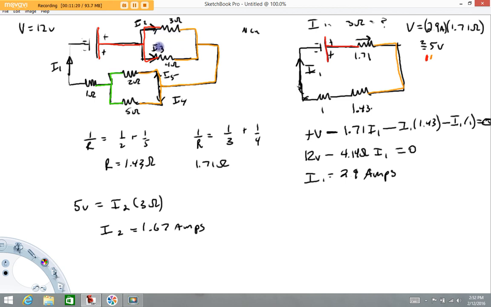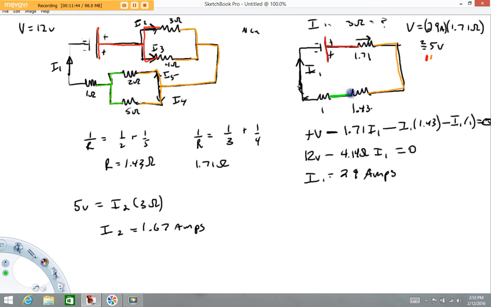By the way, that voltage would be good here to calculate I3. If we wanted to, we could come here, calculate that voltage. It would be 1.43 times 2.9 amps, or 2.9 amps times 1.43 ohms. That would give us the voltage here. Whoops, and I kind of missed that. This is green on this side. That actually, in my color coding, should be green.